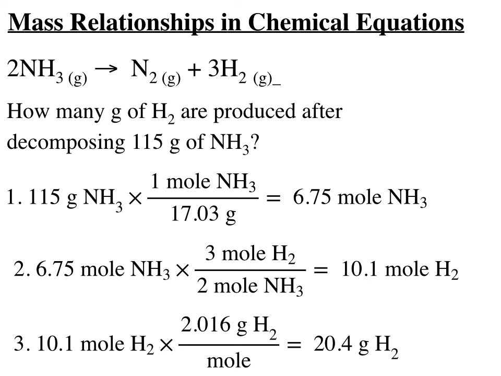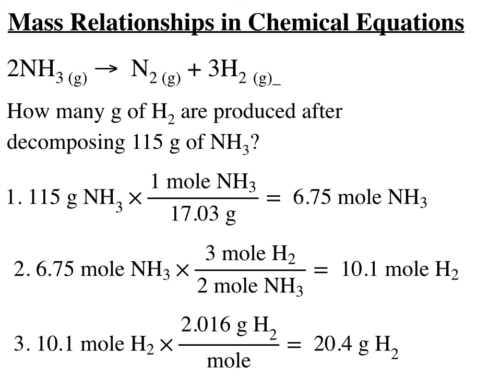Now I can use the stoichiometry. There's a 3 to 2 ratio between the H2 and the NH3. I line it up to eliminate the NH3, and then dimensionally speaking, the numbers are lined up correctly to produce the moles of H2. And I will find that 10.1 moles of H2 are formed when 6.75 moles of ammonia are reacted.